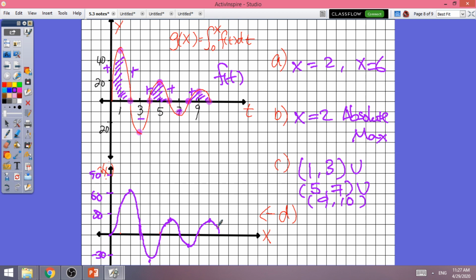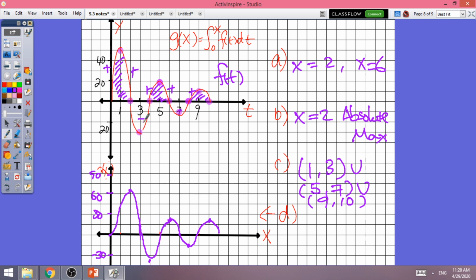Okay, so then that would be the function of g of x. So again, anytime that you find this, make sure that you find the max first. So again, at 2, we do have a local max. Not just the local max, but it also shows that it's the absolute max. And then another local max we do have right here at 6. And also you can say that there's another one, which is at 9.